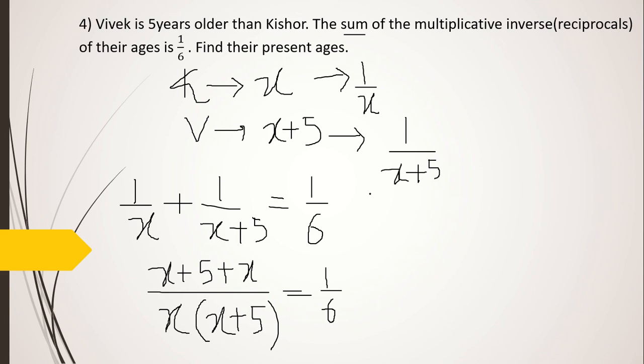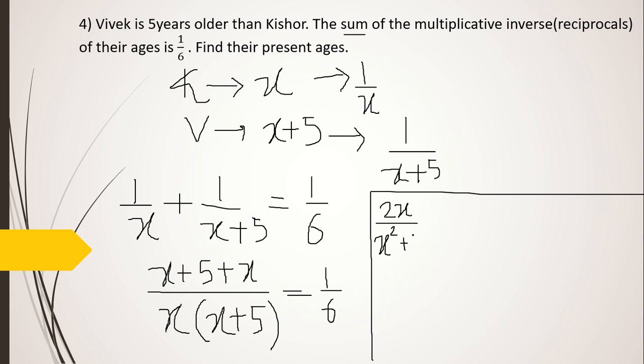And then just solve it further now. How do we do it? x plus x is 2x upon, multiply this x inside the bracket, x into x is x square plus 5x is equal to 1 upon 6.